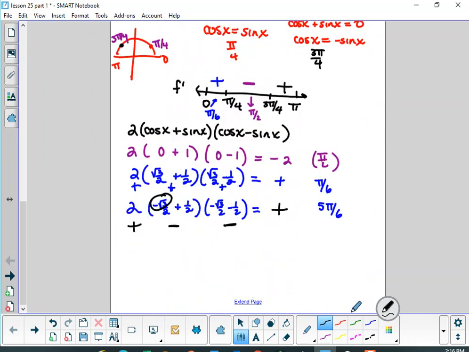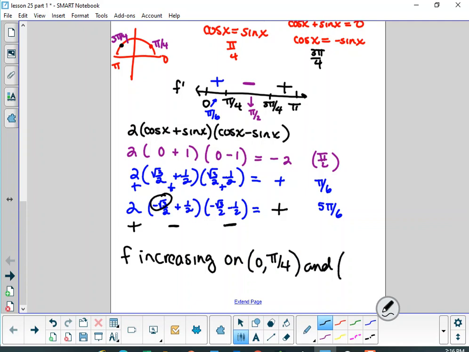So let's take this one step further and say I know that f is increasing on the interval 0 to pi over 4 and 3 pi over 4 to pi.